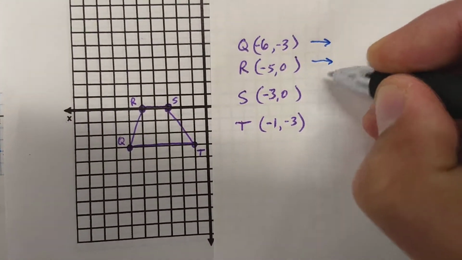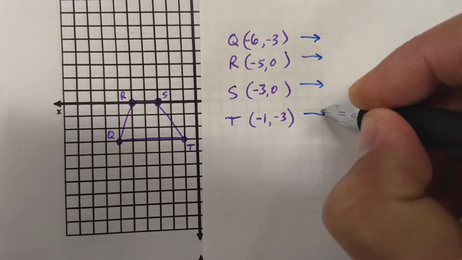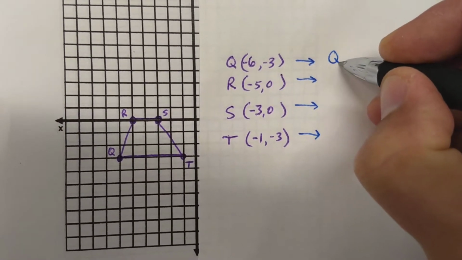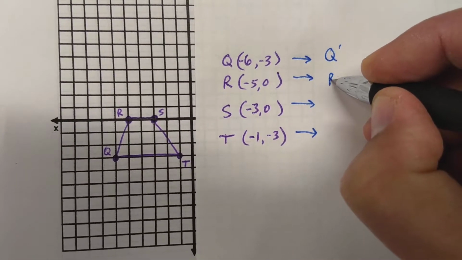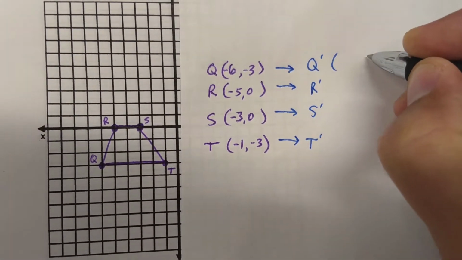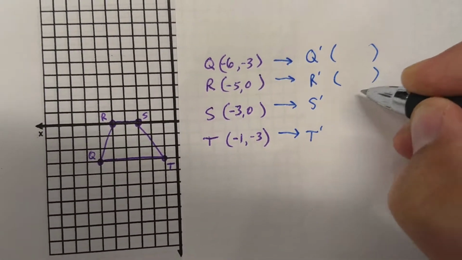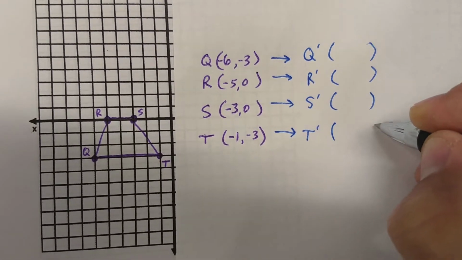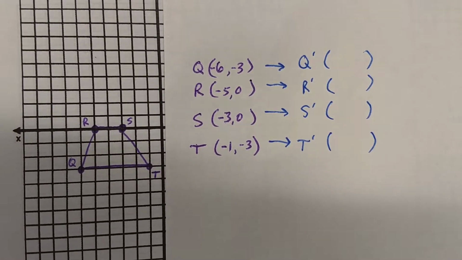And what we want to do is to be able to change those into the new prime coordinates, Q prime, R prime, S prime, and T prime, using a rule. And so we'll come up with new x and y values for each one of those.